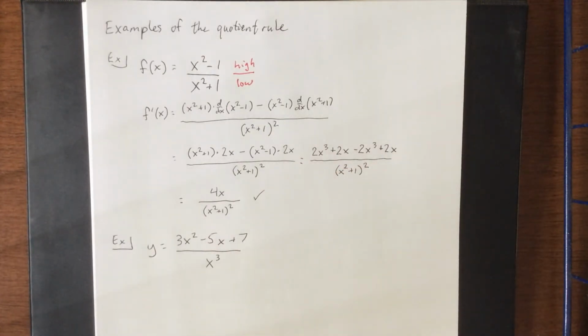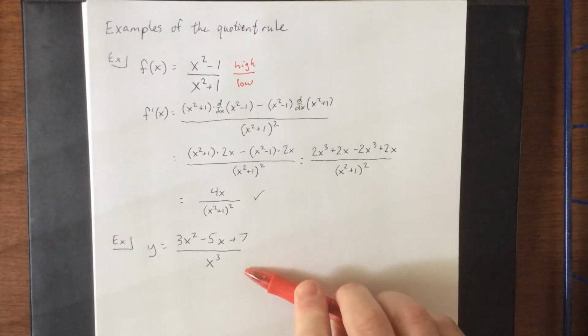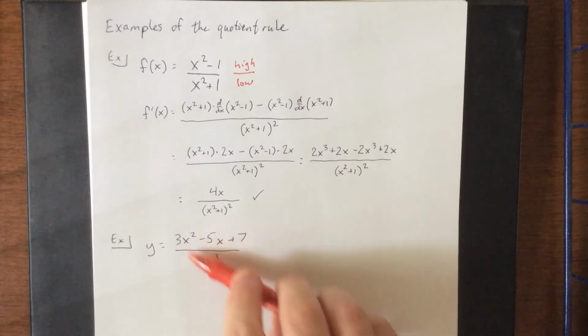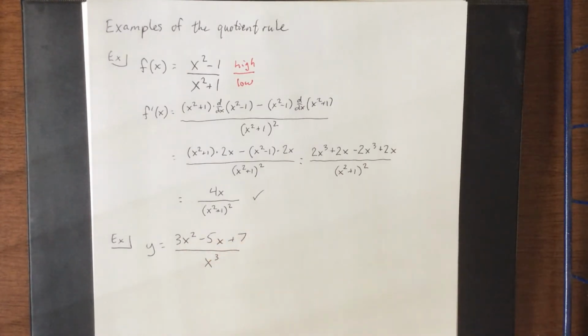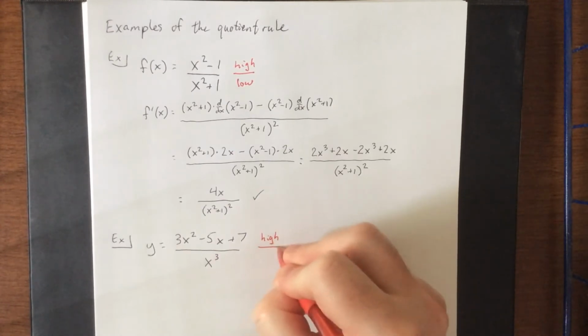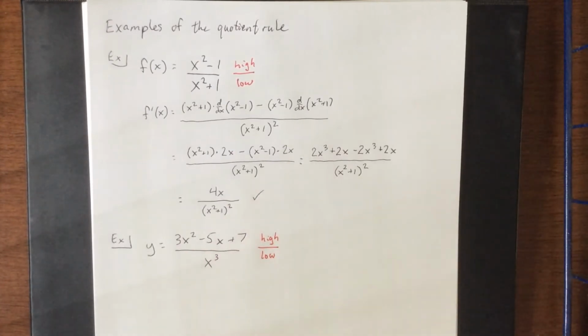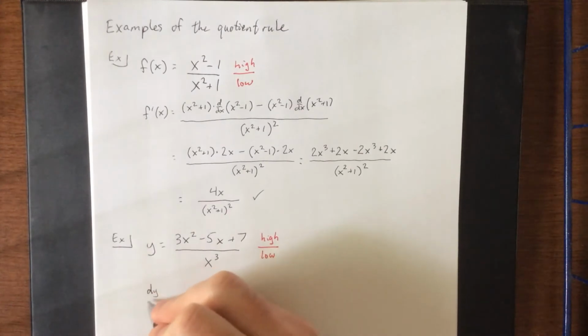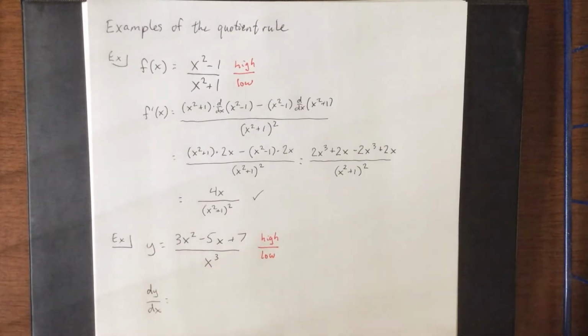Now, earlier in this section, we took the derivative of this expression by distributing the x cubed from the denominator to all three of the terms in the numerator, and then applying the power rule. I would like to demonstrate how we can also do this using the quotient rule, and we should arrive at the same conclusion. So with that in mind, we will apply our quotient rule.